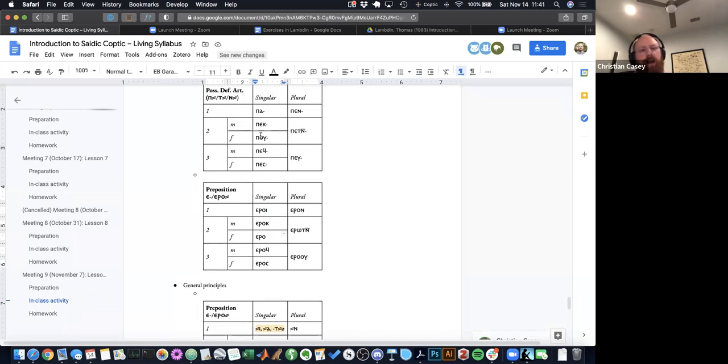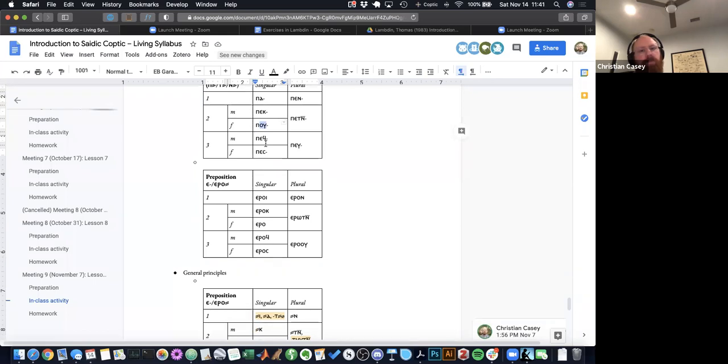In this case, why it's U there is an excellent question. I don't have a great answer for it. I think it's probably by analogy with the plural, where the long ah type vowel changes into an U because of the presence of the nasal, and then the singulars, pu and tu, are pu and tu instead of pa and ta, by analogy with nu in the plural. Not totally sure about that, but that's one possibility.